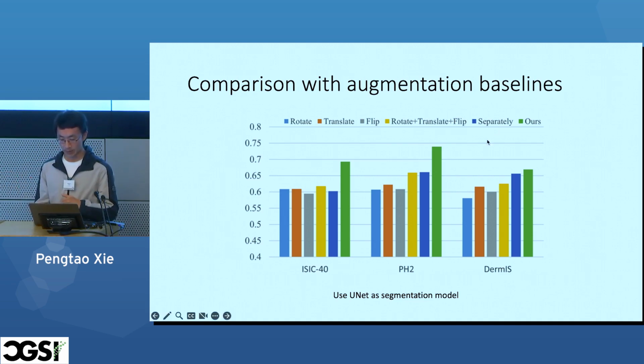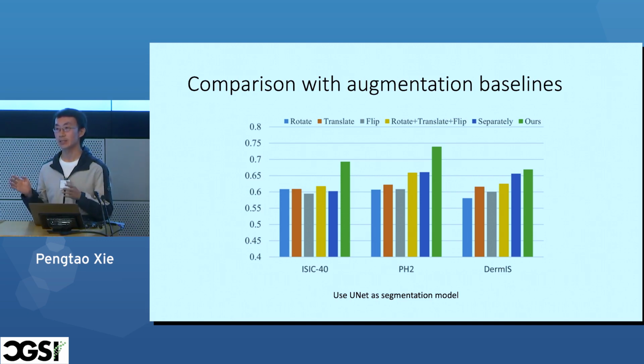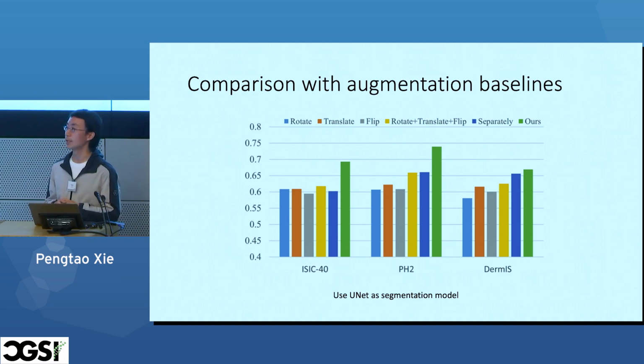This blue bar is the performance, and we can see that after going from end-to-end to separate, the performance suffered a great drop. This demonstrates that end-to-end learning is indeed helpful, so that the segmentation performance can inform the augmentation process to generate augmented data that is specifically useful for improving the segmentation models.